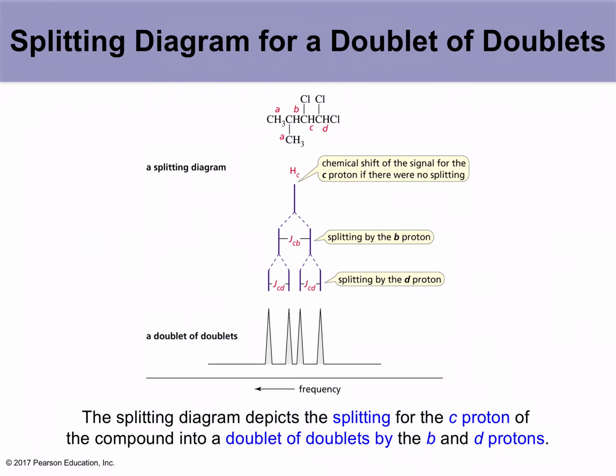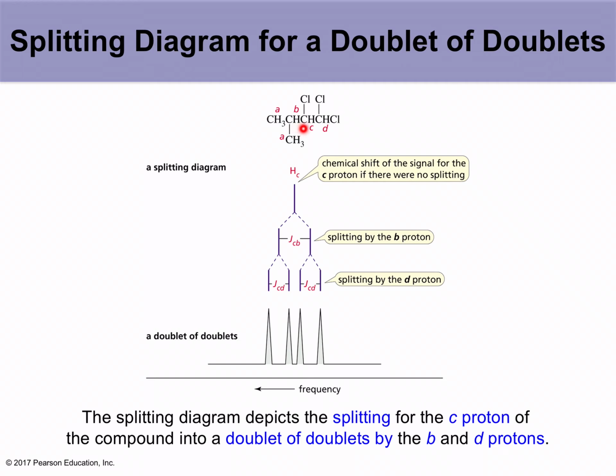Splitting diagram for a doublet of doublets. Now how do we make a doublet of doublets? Let's look at HC, the C carbon right there. This hydrogen C is on a carbon attached to another carbon, which has a hydrogen D, and then this carbon is attached to another carbon, which has the B hydrogens.